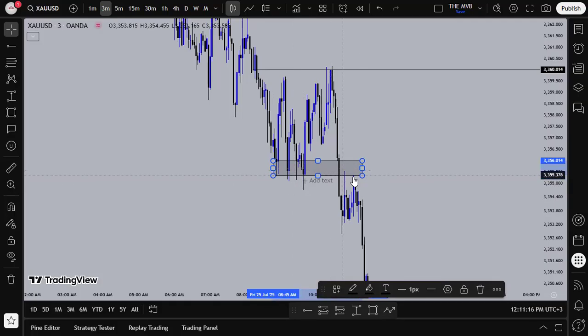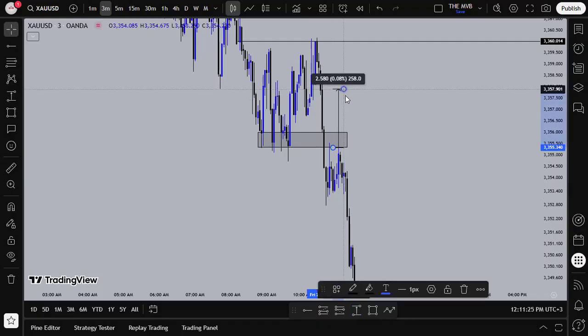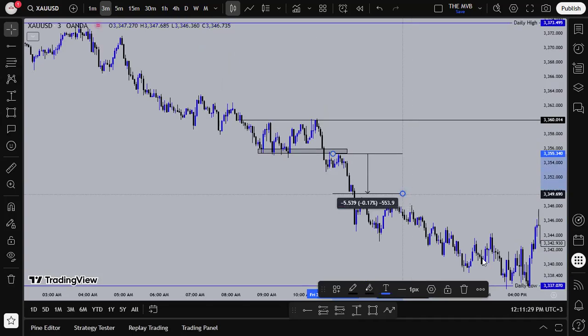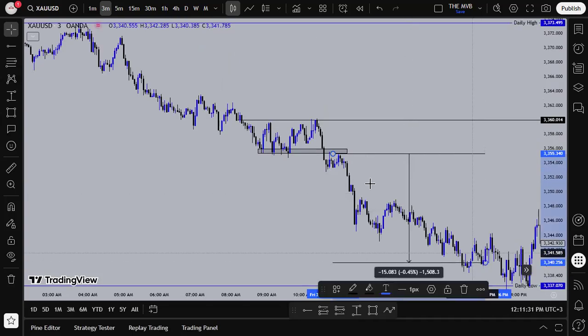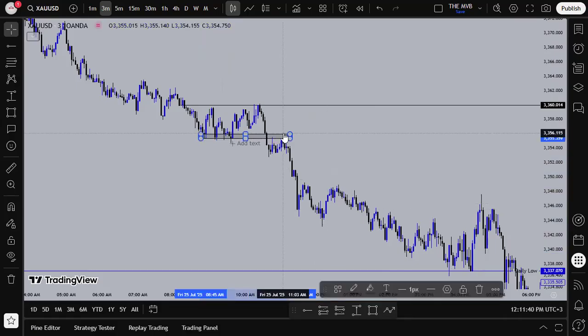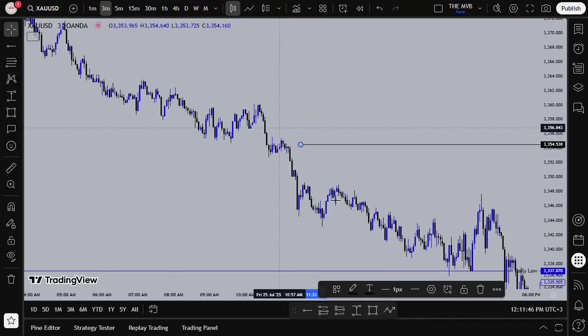That is the point I took my entry, and the stop loss was the second candle from there on top. We had all this momentum going below, almost 100 pips, 150 pips. So these entries occur almost every day.